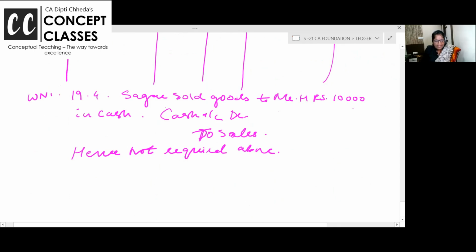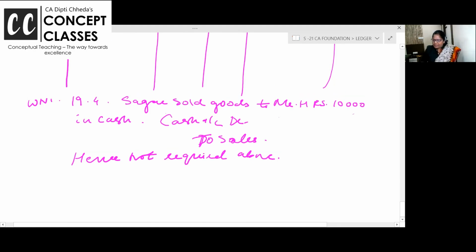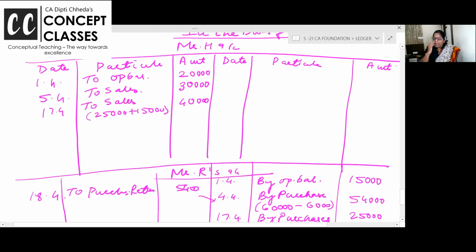Okay, next, 22nd, H cleared half of his dues, enjoying 0.5% cash discount on the payment received. 20,000 is given by check and remaining by cash.